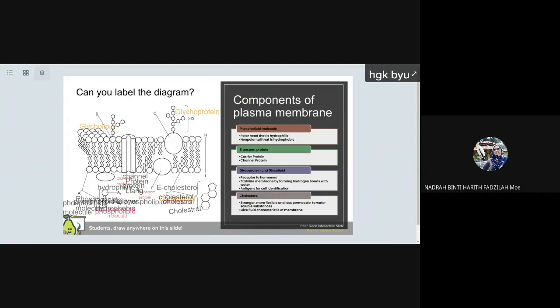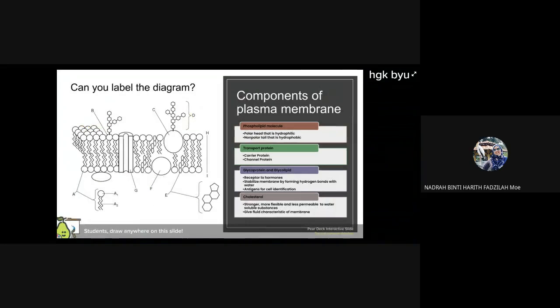Bagus. Okay, so let's see here. A is phospholipid molecule and A1 is polar head. And then A2 is the non-polar tail. Okay, A ialah molekul phospholipid. A1 ialah kepala fosfolipid, A2 kepala hidrofilik, kita juga boleh sebut hydrophilic head.